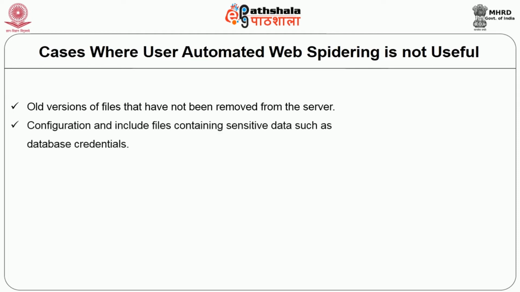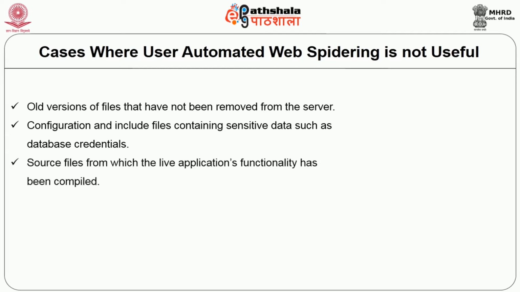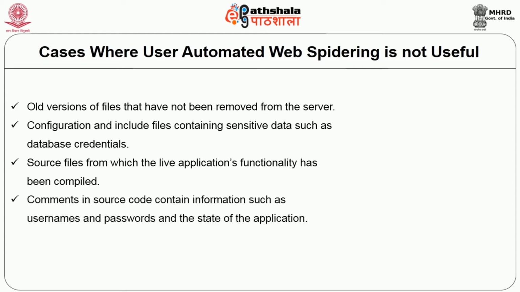There are certain configuration and include files that contain sensitive data. To give you an example of sensitive data, they may contain database credentials. Source files from which the live application's functionality has been compiled. Comments in source code that in extreme cases may contain information such as usernames or passwords.